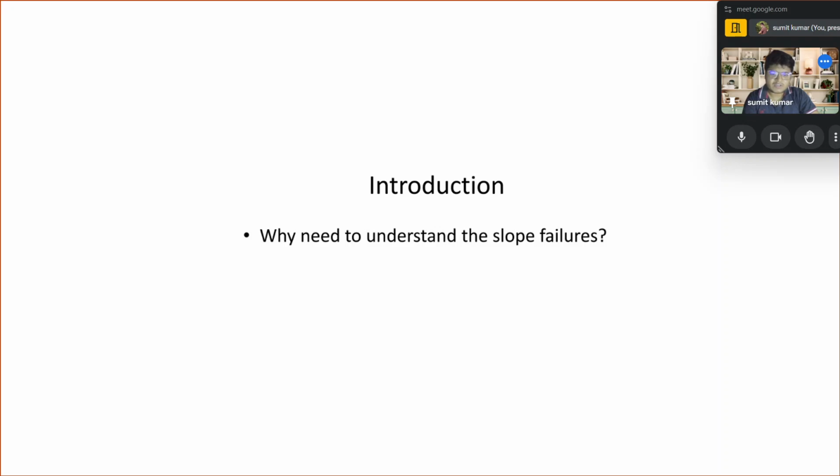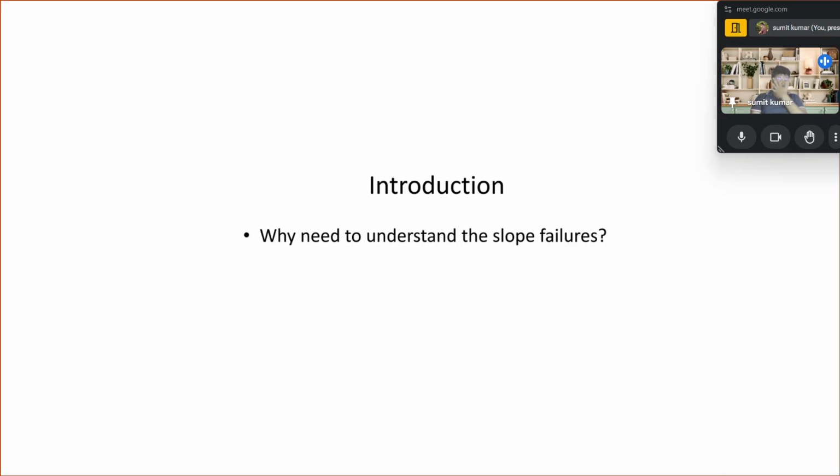Okay. So first of all, we need to understand why we need to understand the slope area. As it's the habit of this class, the questions will be asked and then answered. So the first question which we raise is why we need to understand slope failure. The answer is already given by me in the introduction of slope failure, slope stability.